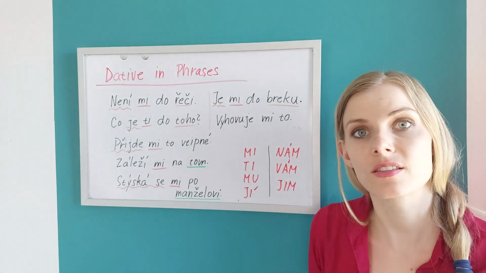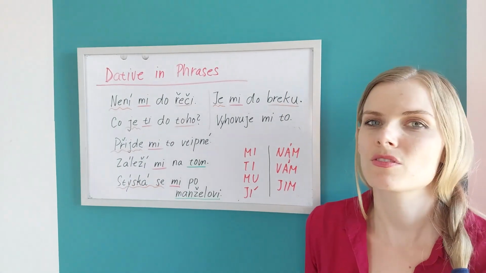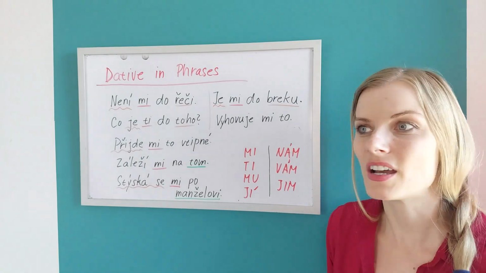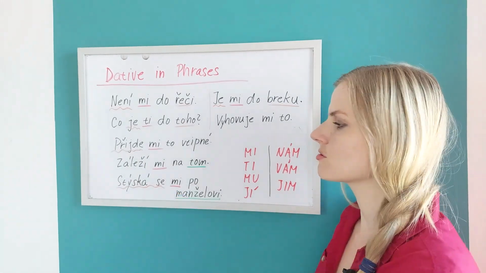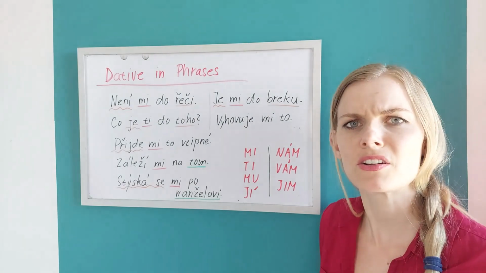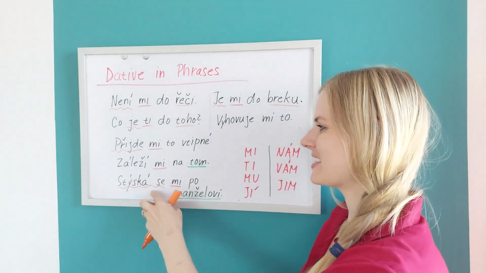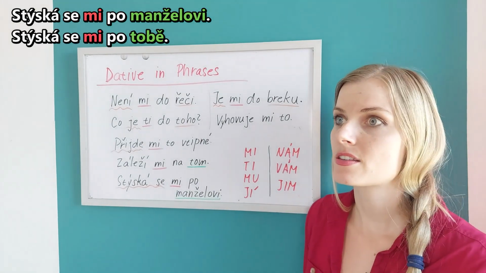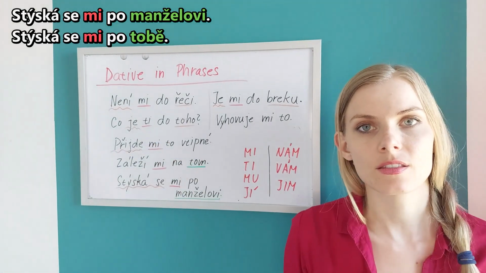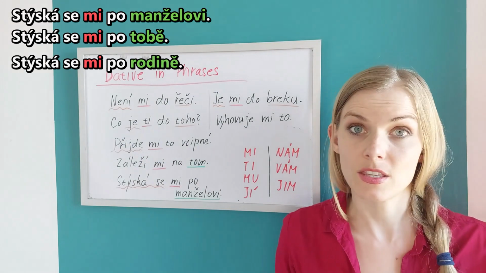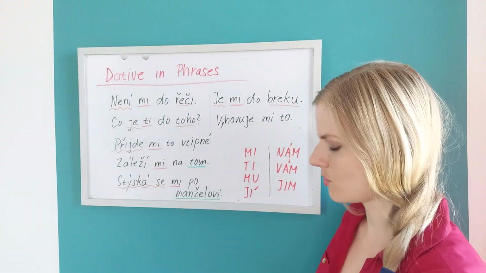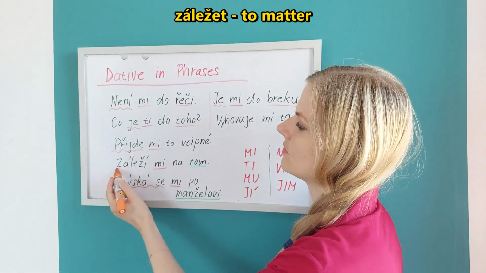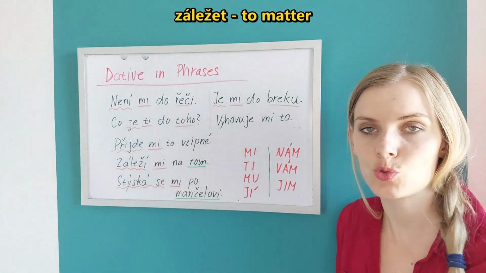Just memorize some sample sentences because digging in and finding how this sentence was constructed can make you crazy. Stýská se mi po manželovi, stýská se mi po tobě, stýská se mi po rodině. I miss my family. I also forgot to mention here, the verb is záležet, to matter.